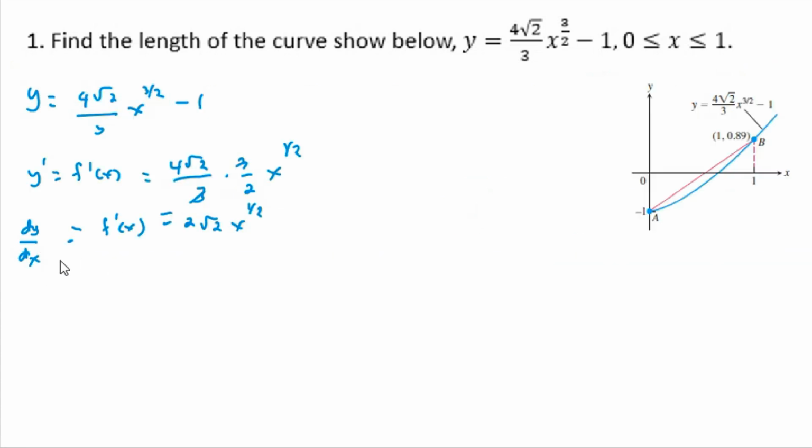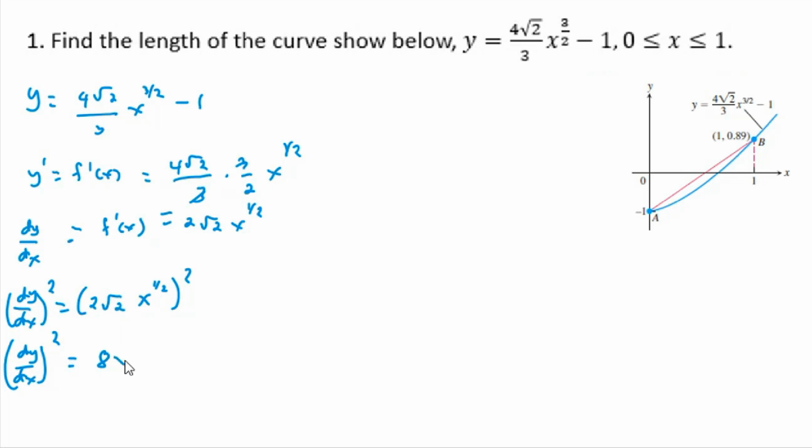So we take the square of this, 2 square root of 2 times x raised to 1 half, to the power of 2. Simplifying that, the square of dy over dx will give us 8x.